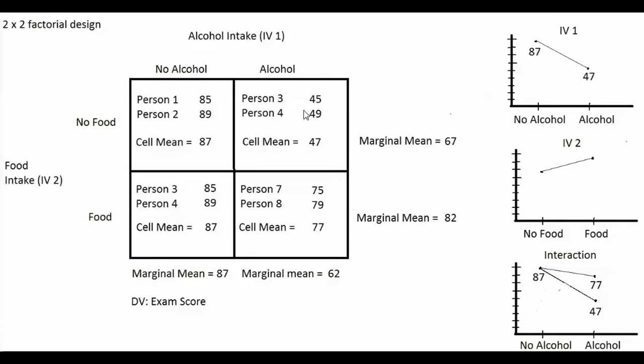So in this experiment, alcohol did lower people's exam performance overall, and having no food did lower people's exam performance overall also. The most interesting outcome is this interaction, in which the effect of alcohol was steeper on an empty stomach and less steep on a full stomach.